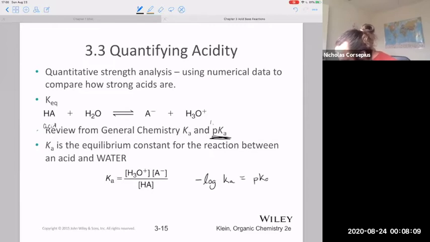So it's just putting the Ka on a logarithmic scale. Kas can be anywhere from really small numbers like 10 to the negative 30 to really large numbers like 10 to the positive 30, so it's easier to talk about these things on a log scale.